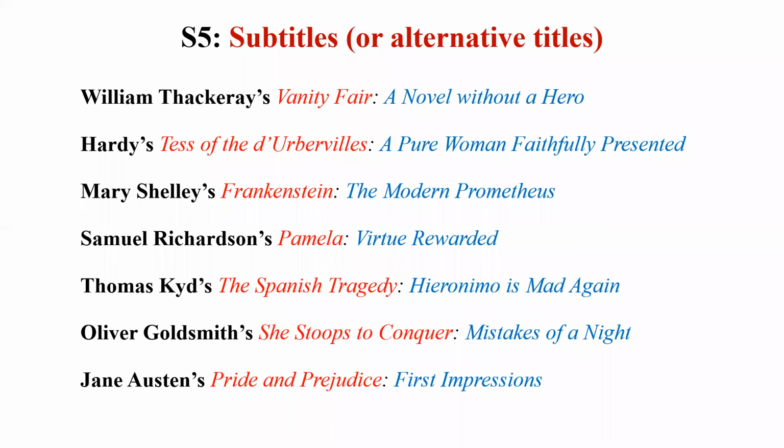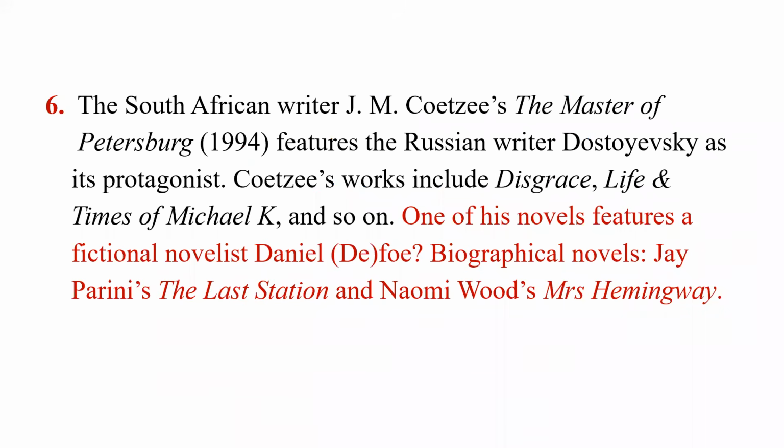Okay, let's go to section 6. In section 6, we have the South African writer J.M. Coetzee's work, The Master of Petersburg, a beautiful novel, whose hero is none other than the Russian writer Dostoevsky as its protagonist. So this is a piece of information for you. It's also a biographical novel.